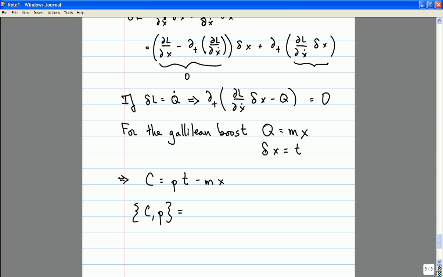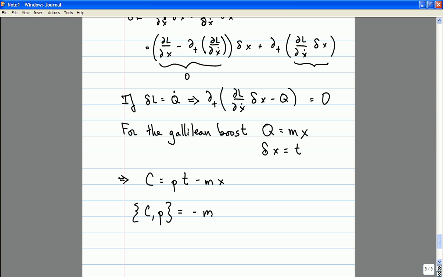If you ignored that second term that came from the total time derivative, you would see that C is t times p, which indeed is the equation that's true of the differential operators. P was d/dx, C was t times d/dx. But because of that total time derivative term, there's a correction, and you get minus m.